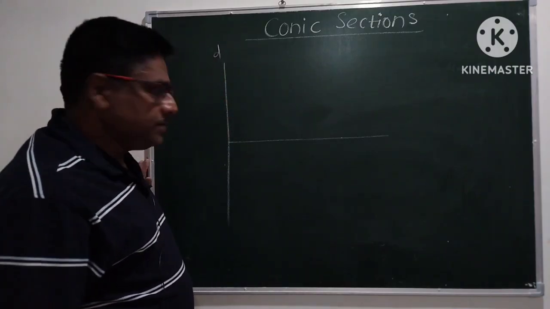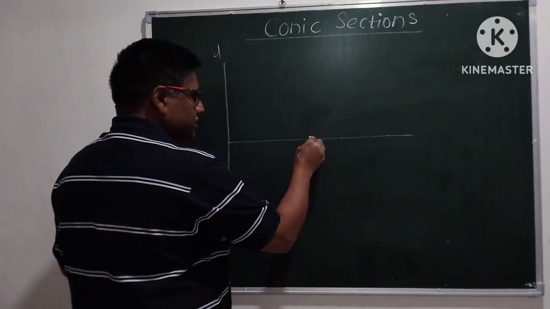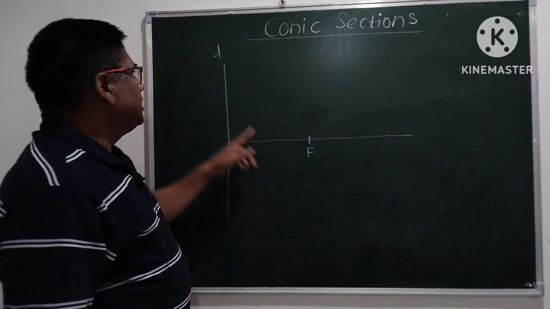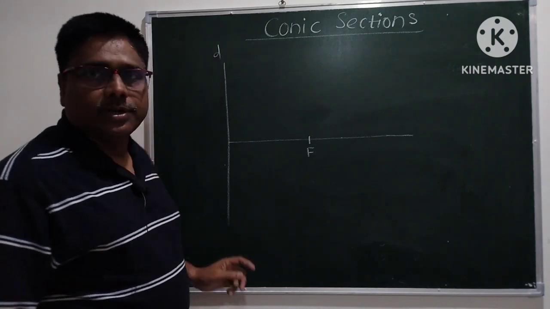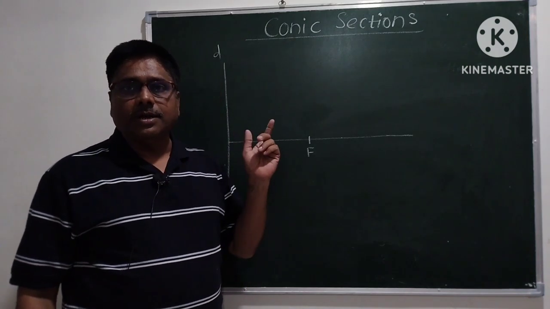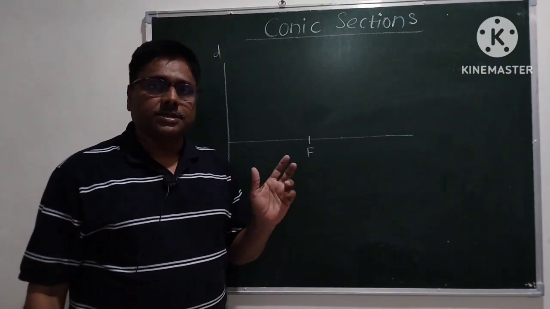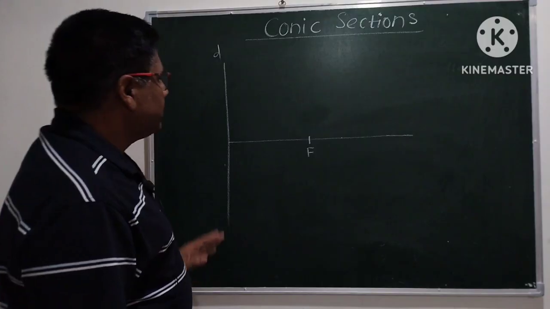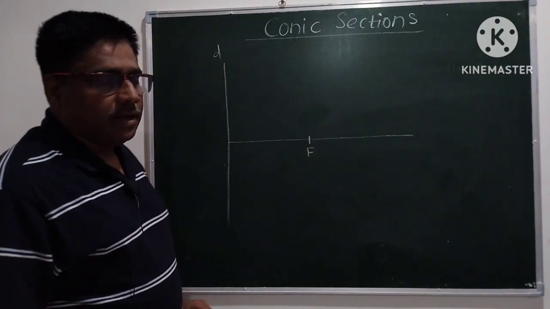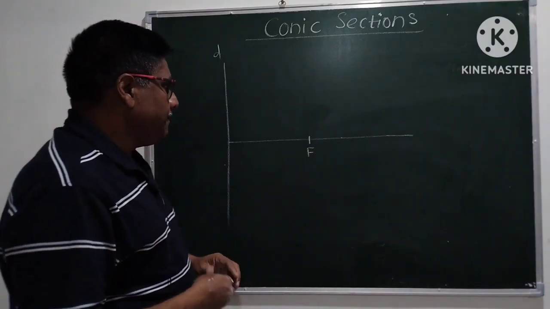It may be a parabola, ellipse, or hyperbola, and on this axis we have the focus. Focus is a fixed point, and directrix is a fixed vertical line. In a circle, we had a fixed point as center and a fixed distance as radius. Here we have a fixed point, the focus, and a fixed vertical line, which we call the directrix.